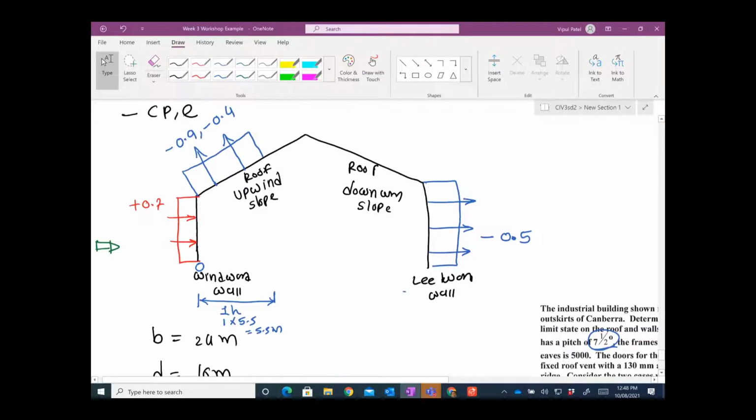So from 1H to 2H, it's another 5.5 meters. So that is 11 meters, by the way. And you have a little bit smaller values, and this is taking minus 0.5 and 0.